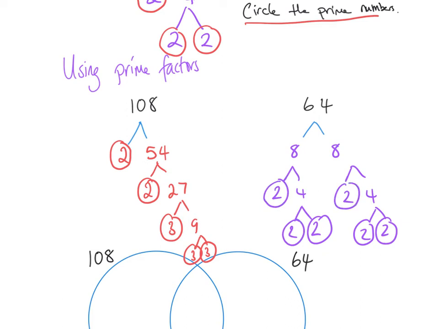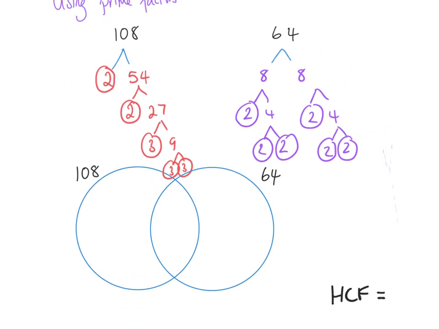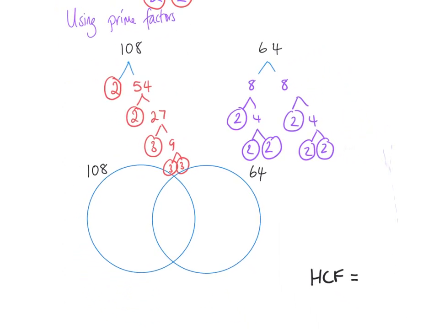Okay. Now, we can continue on using the highest common factor. So most of you would have been taught how to do this with Venn diagrams. So on the left here we have a circle with 108. I want to put in the middle the values that are in both 108 and 64. So I'm effectively having a game of snap. So we're going to put in none of the 3's, because there's no 3's in the 64, so they're going to come on the left.